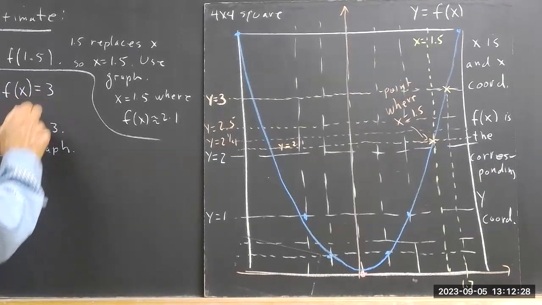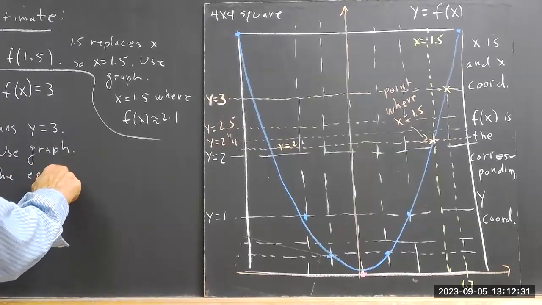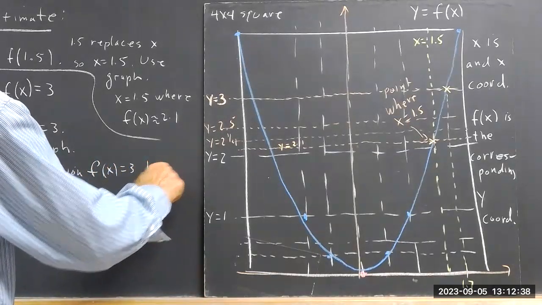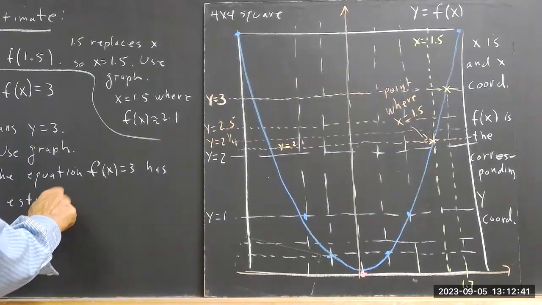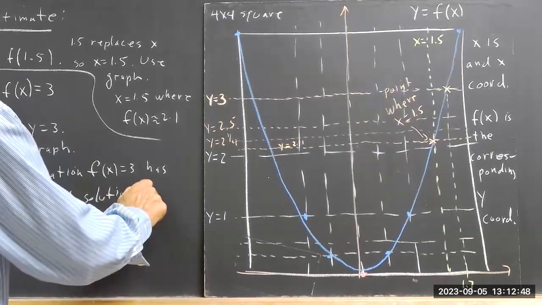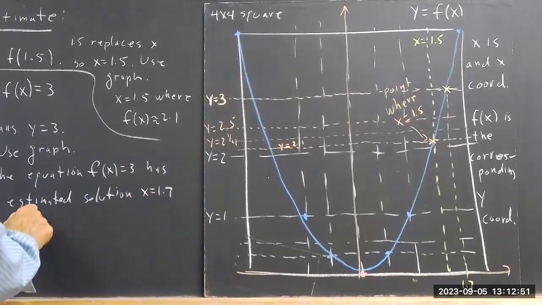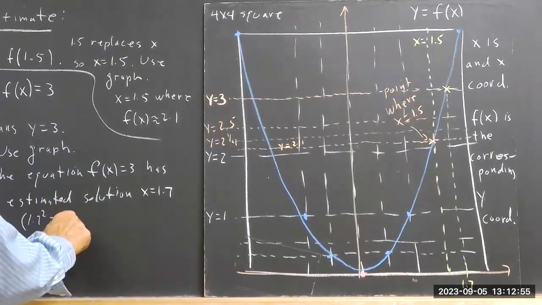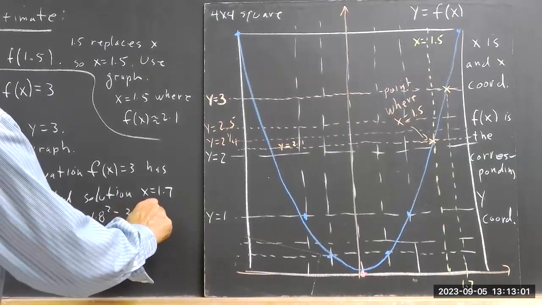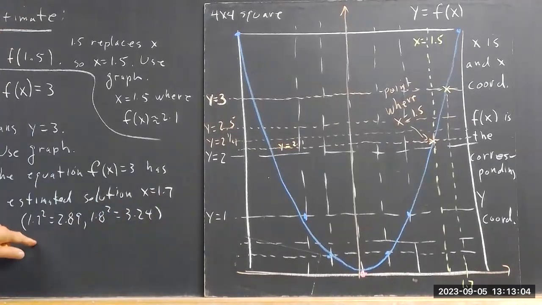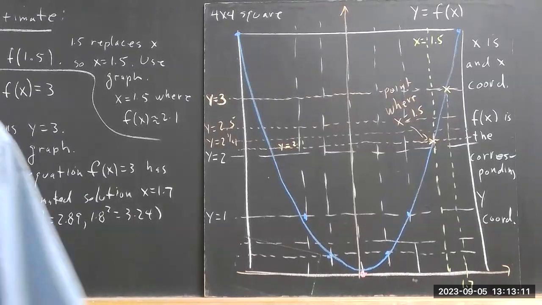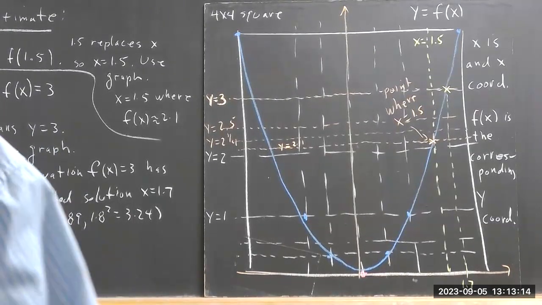This is an equation. It's got an equal sign. Okay, I know 1.7 squared is 2.89. 1.8 squared is 3.24. 2.89 is closer to 3 than 3.24 is.